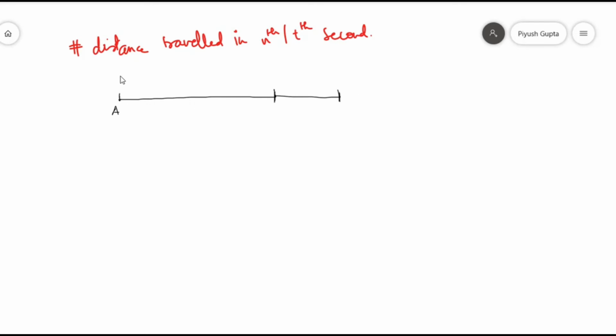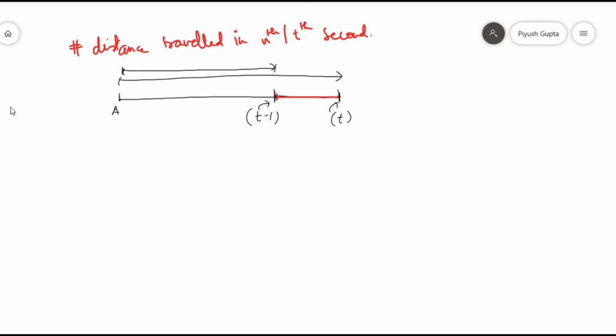It's nothing but the distance traveled in t seconds minus the distance traveled in t minus 1 second. So this is a point t minus 1 and this is a point t. So if I want to calculate this distance, I'm just going to take this whole distance and minus this distance traveled.